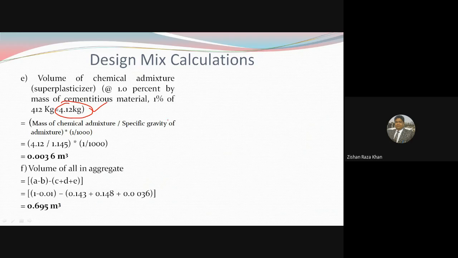Okay, this is right. 1% not by volume है, it is 1% by weight. So it is right, 4.12 kg. Now 4.12 kg will be converted into the volume by dividing by the specific gravity. Total volume comes out to be 0.0036 meter cube.